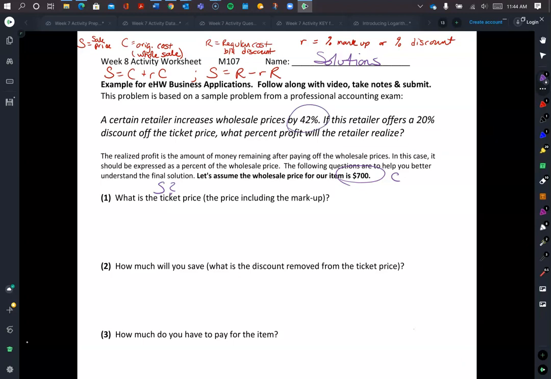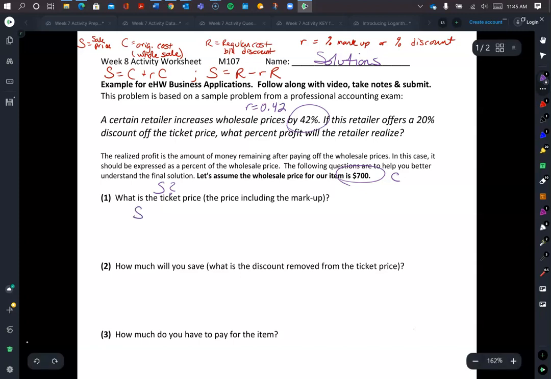So our markup is small r. And then later we're going to see our discount off is also small r, but it's a different formula in a different context. So you just have to pay attention to that. For number 1, we're looking at r equals 42%, or 0.42.